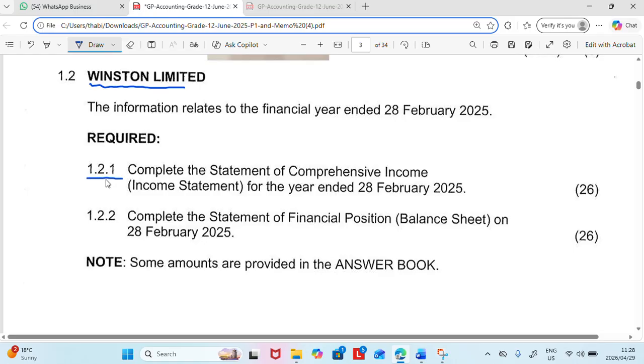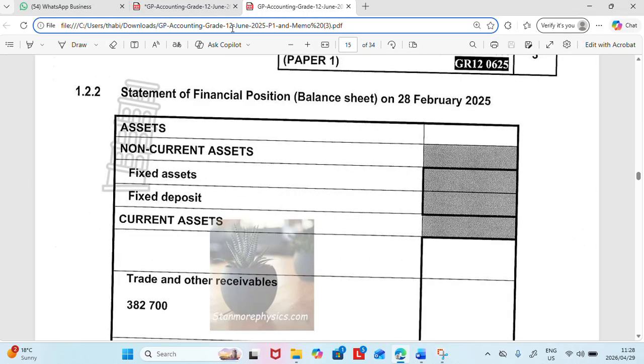So guys, we're going to start with 1.2.2, where we're completing the statement of financial position, also known as the balance sheet. So we need to note that some amounts are provided in the answer book. So always, guys, mostly for grade 12, some amounts will always be given. They will always be provided on the answer book.